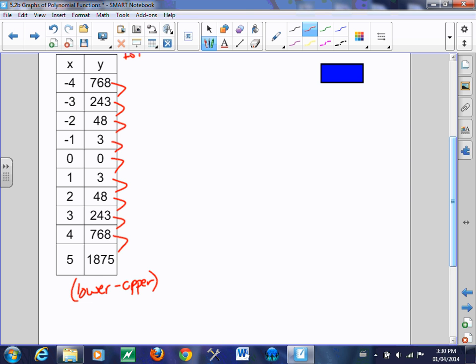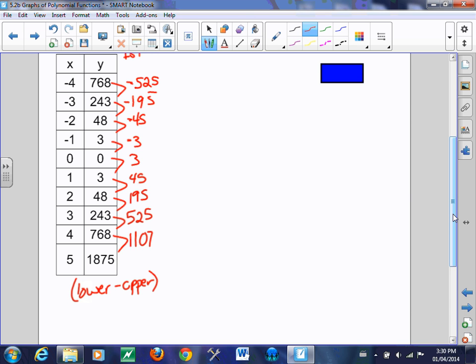Okay, so plug these in your calculator, and you're going to get 1,107, 525, 195, 45, 3, negative 3, negative 45, negative 195, and negative 525.